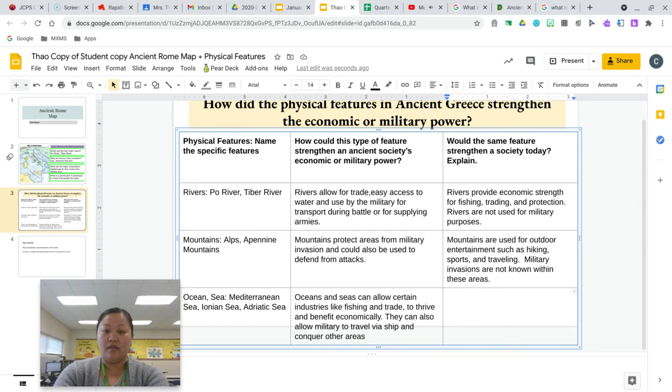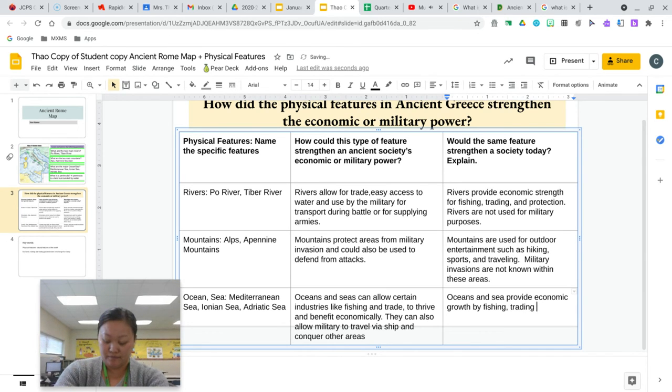You can say that the oceans and sea provide economic growth by fishing, because people still do fishing out in the sea and ocean, and they still make money off of it.